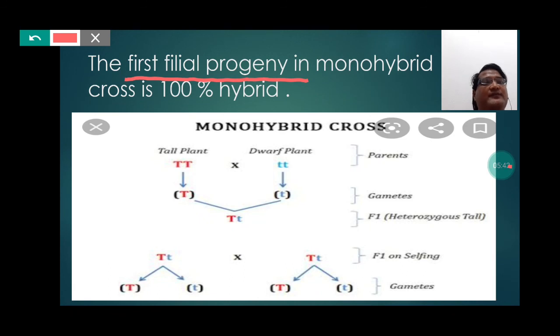is obtained in the monohybrid cross, then it is all 100% hybrid. Students, here the first filial progeny represents the first generation of the progeny which is obtained from the parental generation.